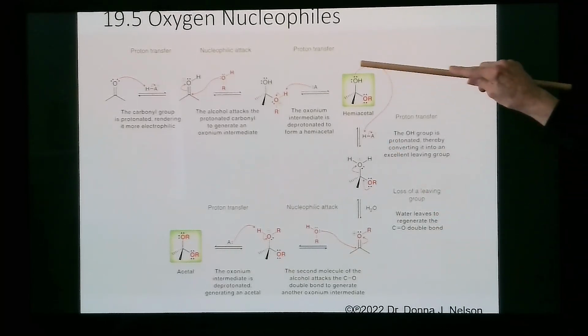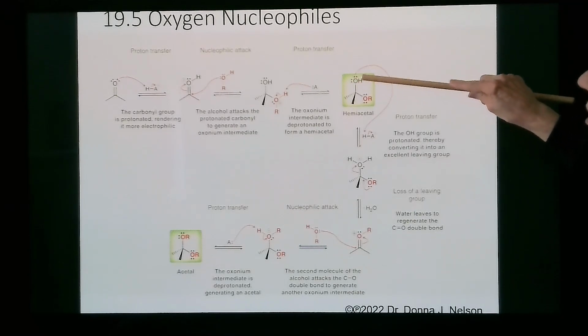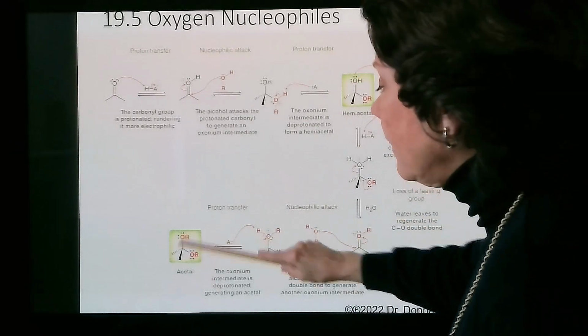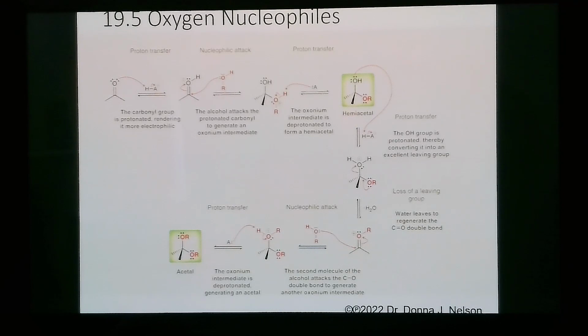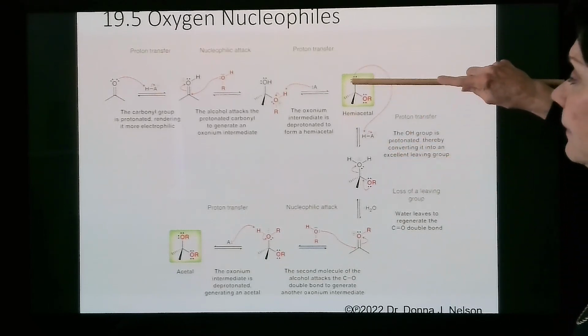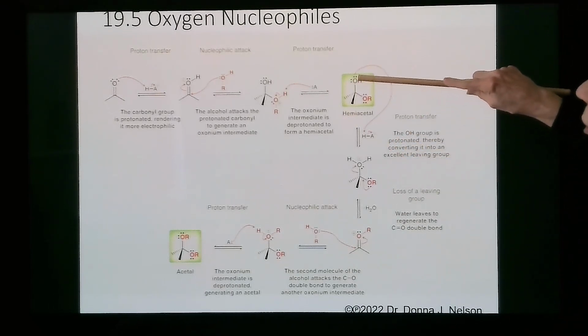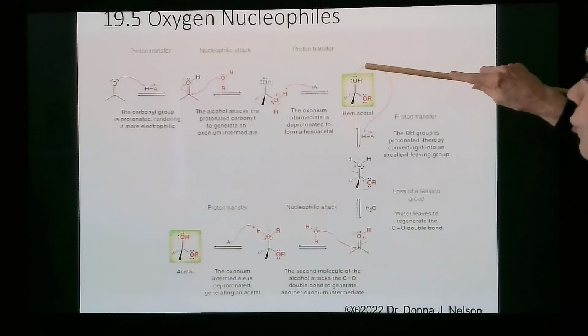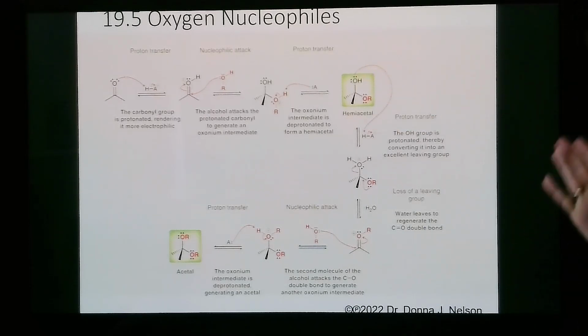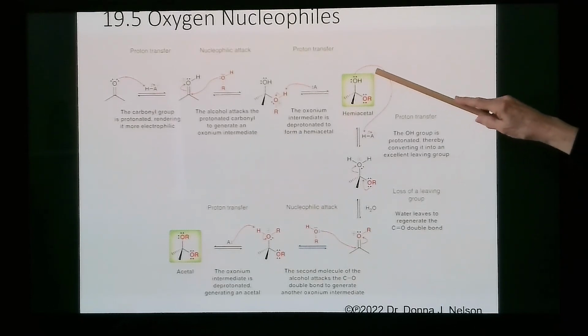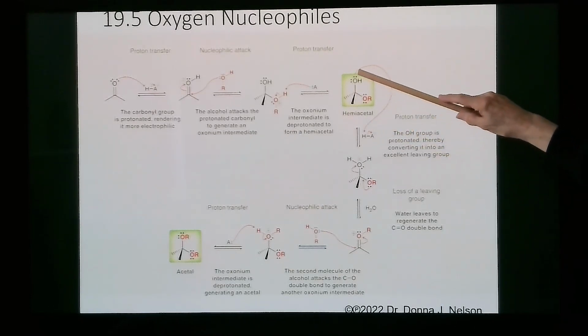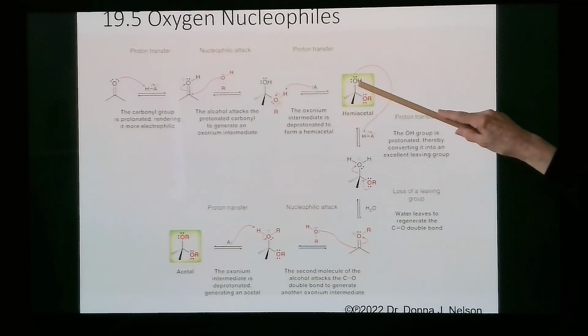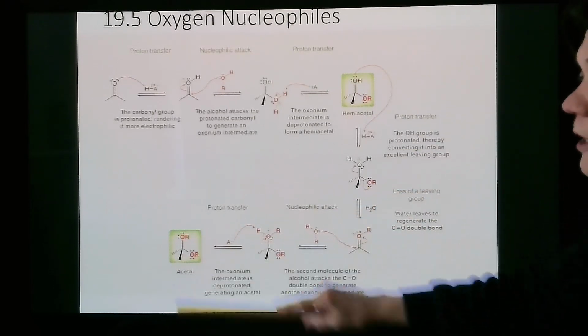So now you need to replace this hydroxyl with that alkoxy. And so the first step is to protonate this group. This is the one that you want to remove, that must be removed. So what you're doing here is drawing a mechanism that will show this hydroxyl group being replaced by an alkoxy group.